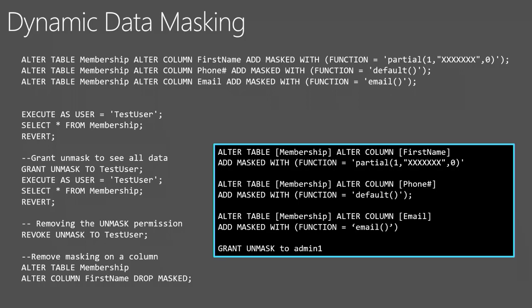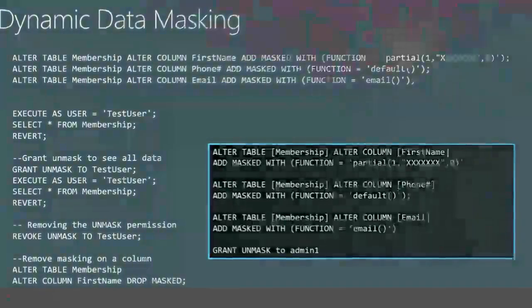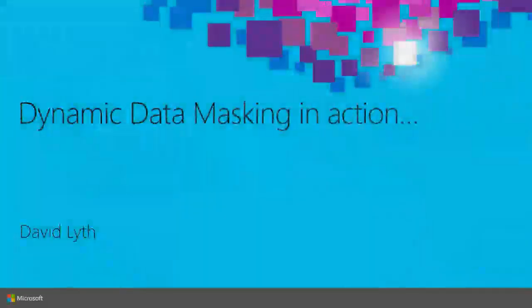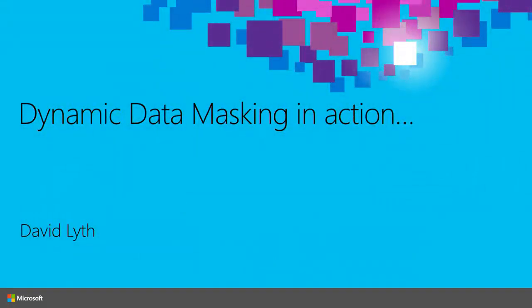And an email one, which gives you the first couple of characters and whatever the dot extension is at the end, to allow your CSRs or whoever is looking at those to get a hint as to what the thing is and not know the whole thing. So again, just going through and running alters to add that mask. This is just some code so we can quickly run through the demo on there, which is where we're up to.